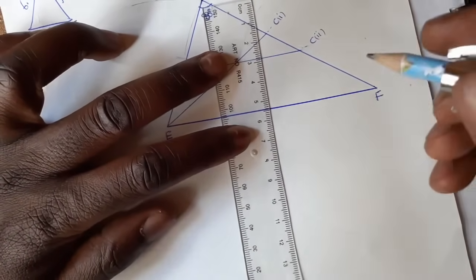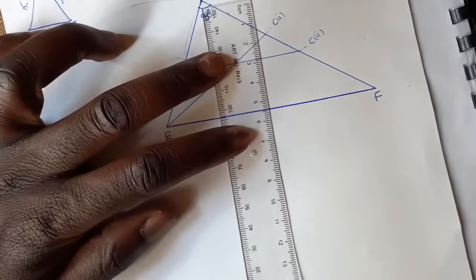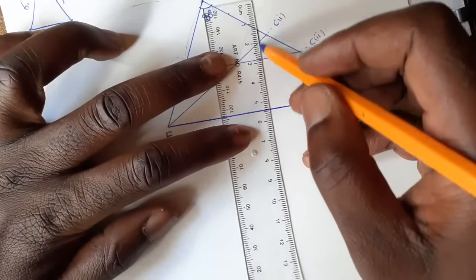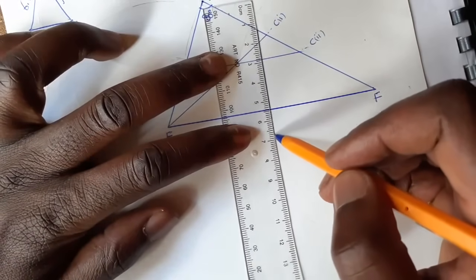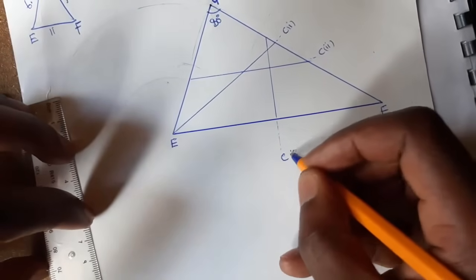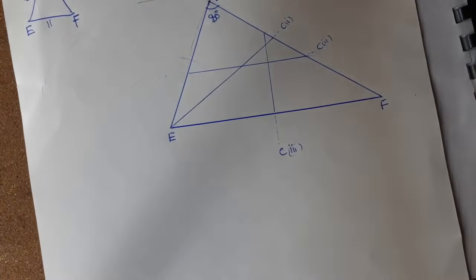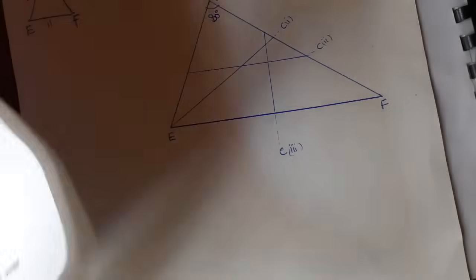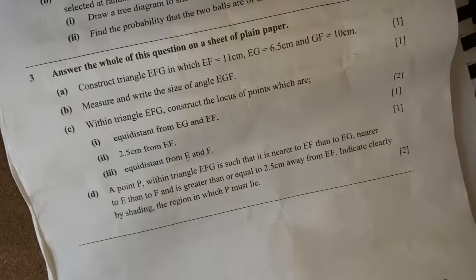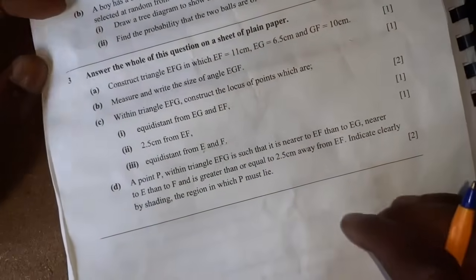So when we want to cut this part here, okay, so this is C Roman numeral 3. Okay, then now we have the last part here.